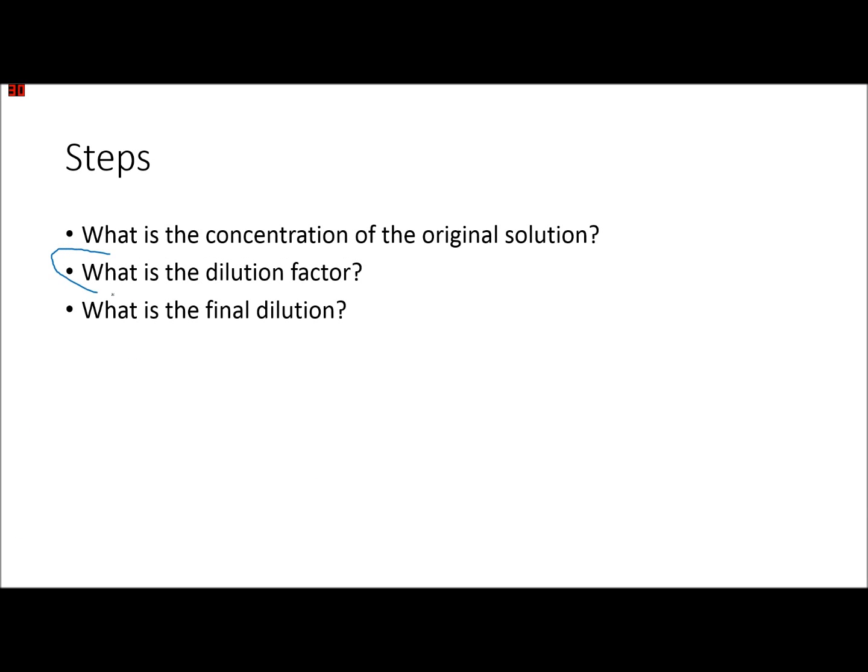You got to find out what the dilution factor is, and it's easy to think about it in terms of a part over a whole: the amount of solution that you added from one tube to the next over the total volume of that new test tube. In other words, your total is going to be your solution plus whatever buffer or water you added to it.